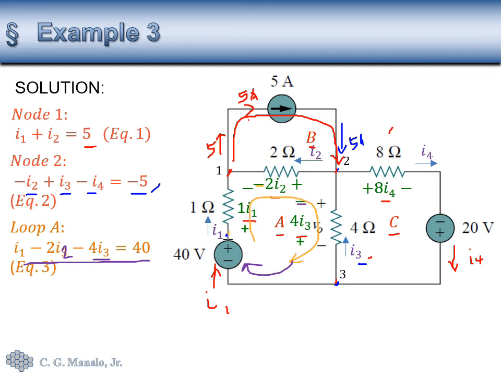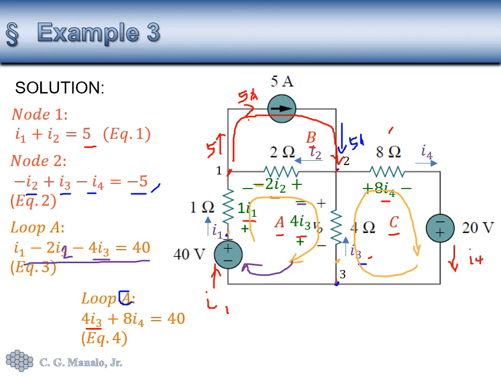And for loop C, so this should be loop C here. Again, we go around clockwise, starting here. First we encounter the positive sign of 4I3, so plus 4I3.